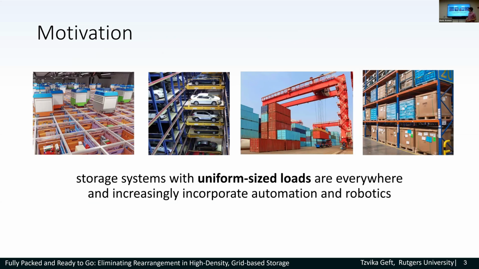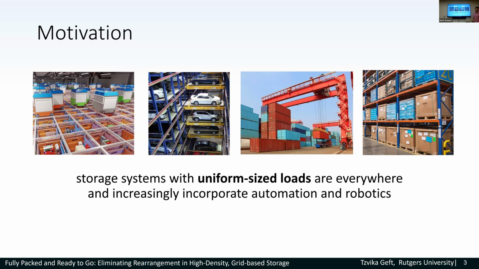So let's go ahead into the motivation. We have storage, which is a very big thing, as you know, and it's very common to store things. We have storage systems that use uniform size loads, right? Loads is what you store, and uniform size means they just have the same dimensions or can fit in designated spaces that are in the same dimensions.